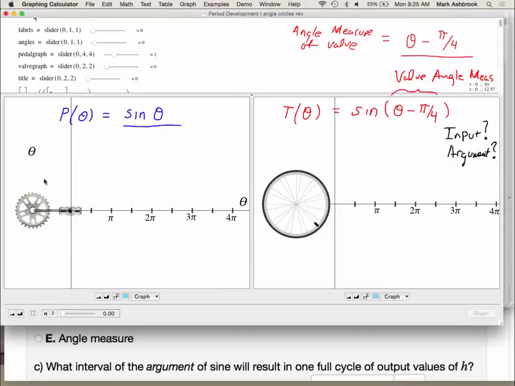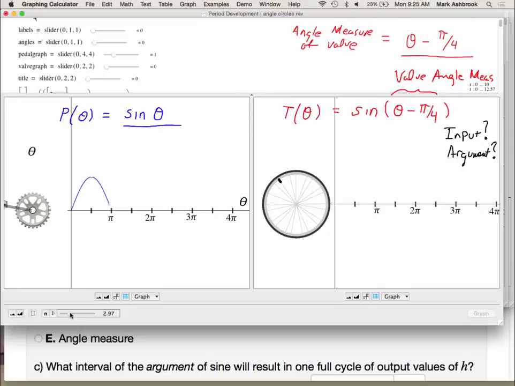And in the first quadrant, it does what? Increases to 1. So as we go from 0 to pi over 2, the height of that pedal is going to go from 0 to 1. Okay, second quadrant, as the pedal angle changes from pi over 2 to pi, the sine changes from 1 to 0. We're tracking vertical height, right?